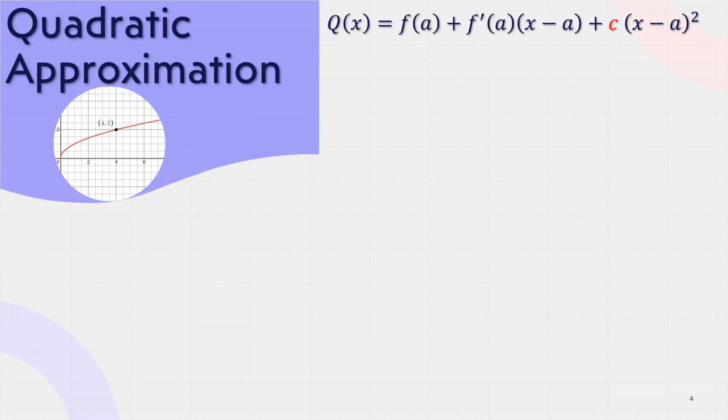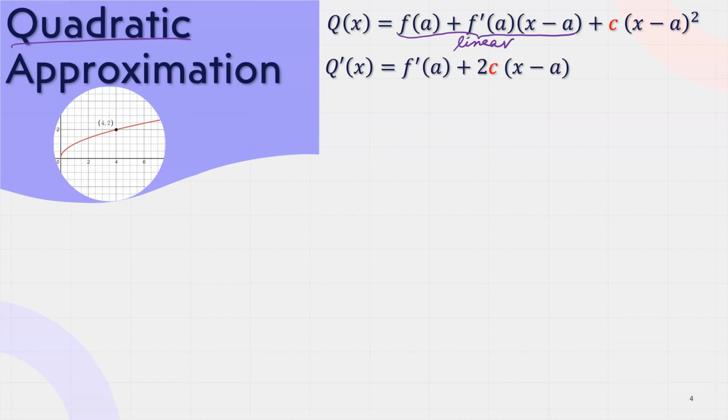So the quadratic approximation will look like this. Here is the linear part, and then you'll have to add on some constant c times (x minus a) squared. That's what makes it a quadratic. Now suppose we go and take the derivative of both sides.